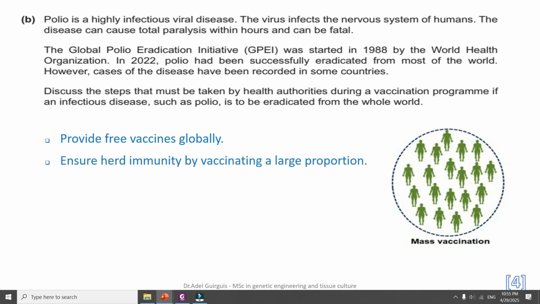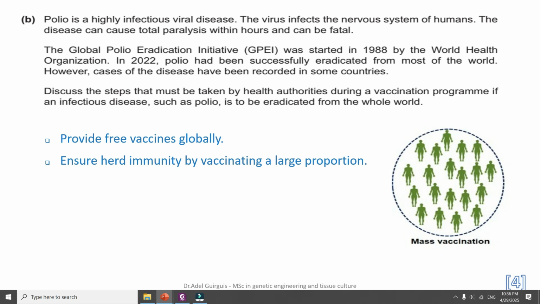Look, ensure herd immunity by vaccinating a large proportion. This herd immunity is a type of active artificial immunity, or vaccination.